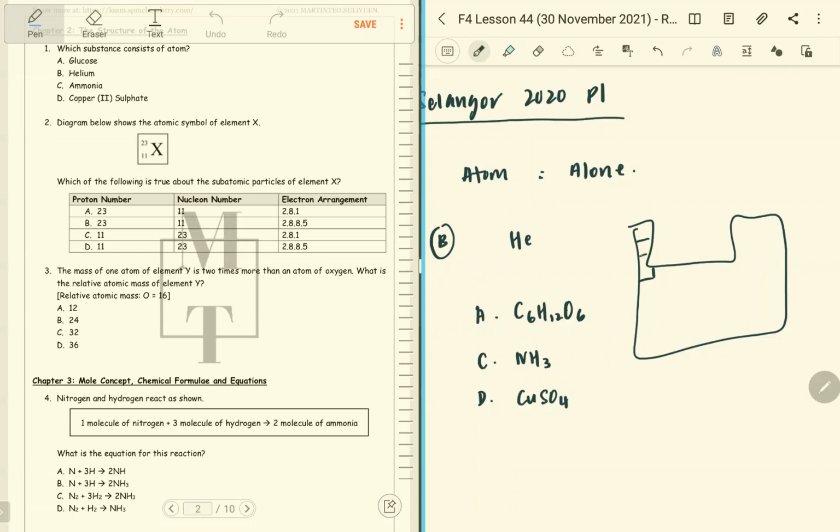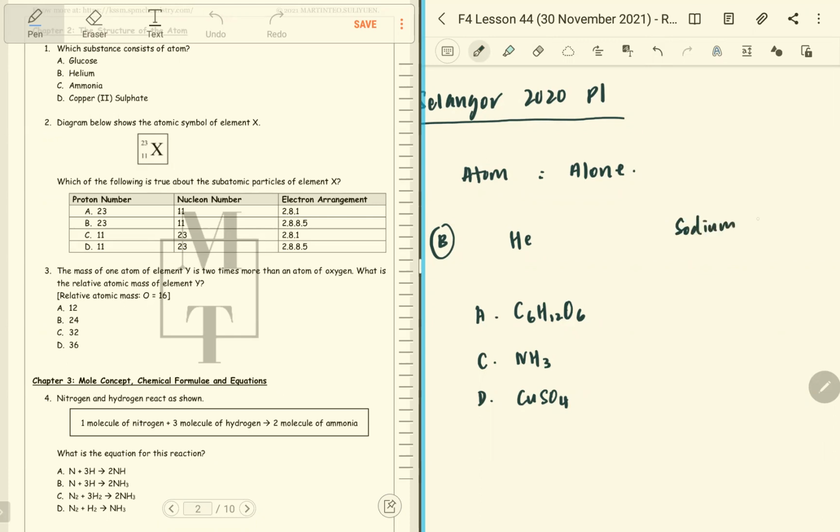If the element is just by itself, for example helium, helium comes alone, so it is an atom. Atom means alone. If you see Na, or if they tell you just sodium, this is an atom.